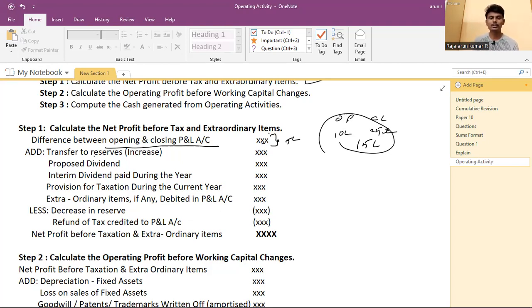First, the difference between the opening and closing of the profit account, you just apply it as a net profit, and then you come to the add. Add reserves, transfer to the reserve, proposed dividend like that.